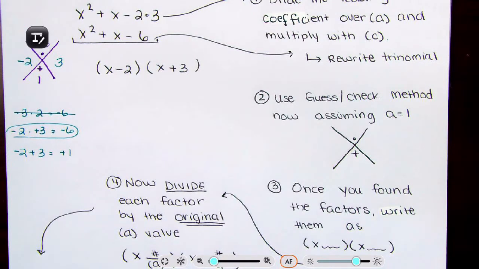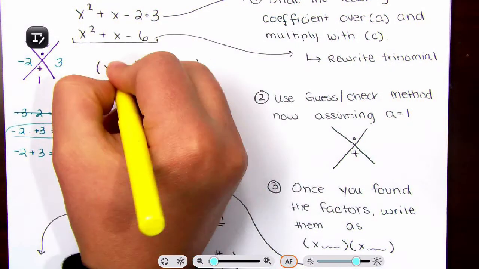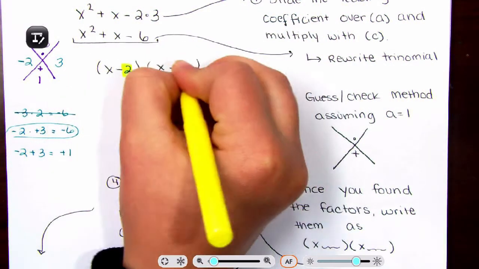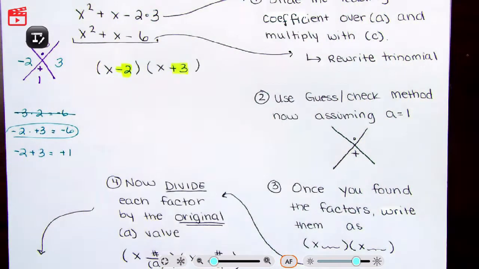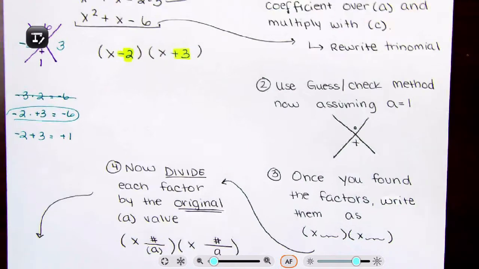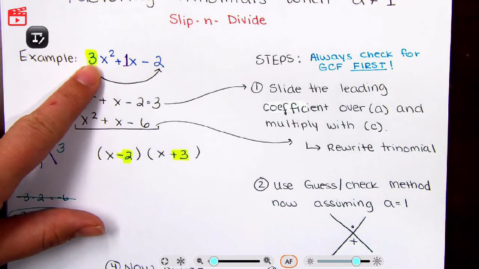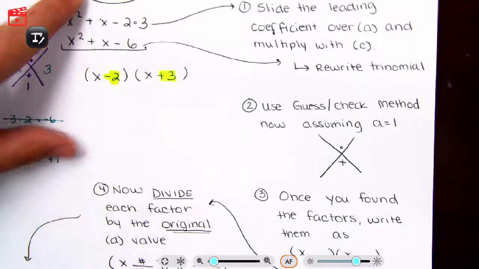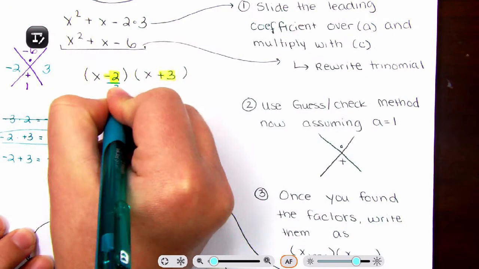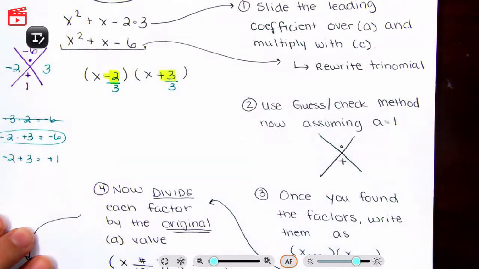Step number 4 is now divide each factor. So here are our factors. Here's -2 and here's 3. You're going to divide each factor by the original A value. So what was the original A value we multiplied? It was 3. So I'm going to take that 3 and I'm going to divide each of the factors by 3.